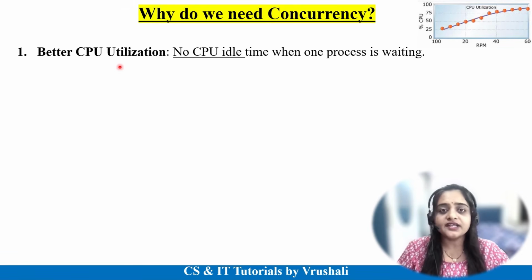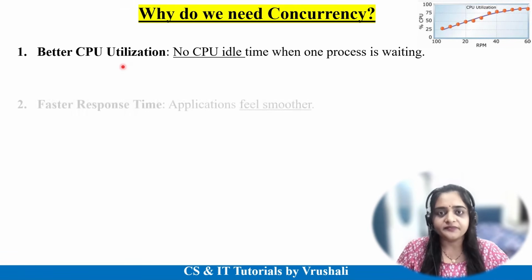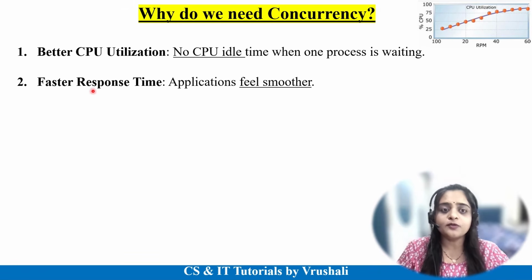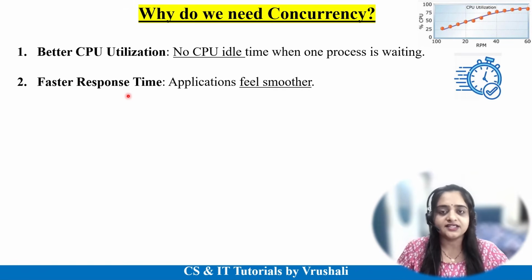That's why better CPU utilization is there. Another reason is that it provides faster response time. You are using the WhatsApp application, so you can perform chatting, status uploading, video call, audio call. All these features work accurately and fast, right? That's why it provides faster response time and good user experience.